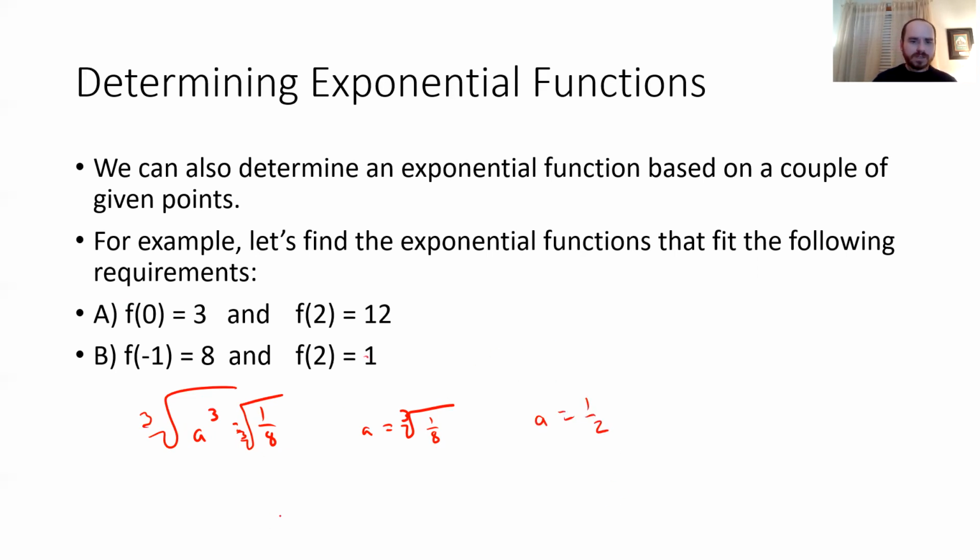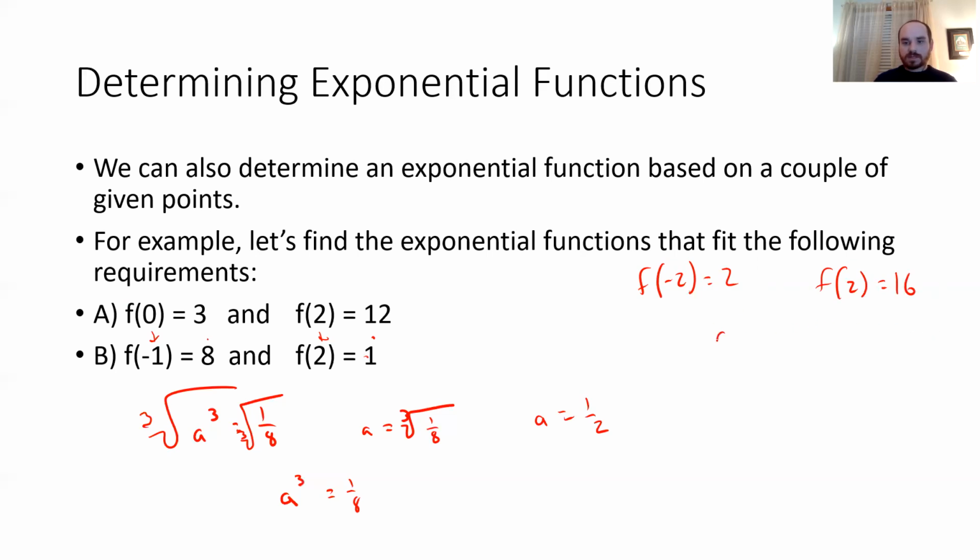Right, so all I did here was say, okay, a to the whatever the difference is between f of, this is -1, this is 2, 3 equals, and it's this one divided by this one, so 1/8. So like if I had f of -2 equals, I don't know, let's say 2, and f of 2 equals, let's go with 16, right?